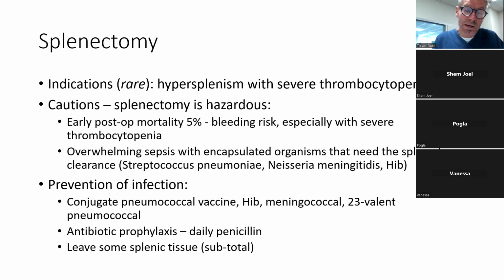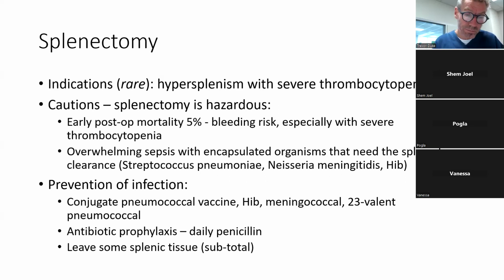It can occur anytime after splenectomy, and it's really important that if any child's having a splenectomy, they get vaccinated against all the bugs that can especially cause septic shock if you've had a splenectomy. So Streptococcus pneumoniae and Neisseria meningitidis and Haemophilus influenzae.